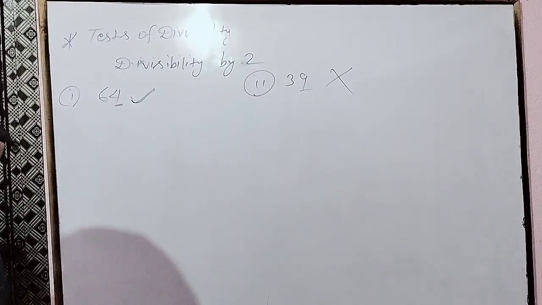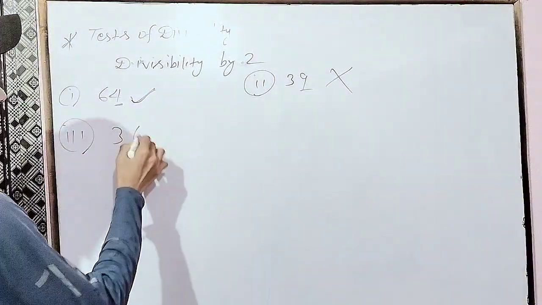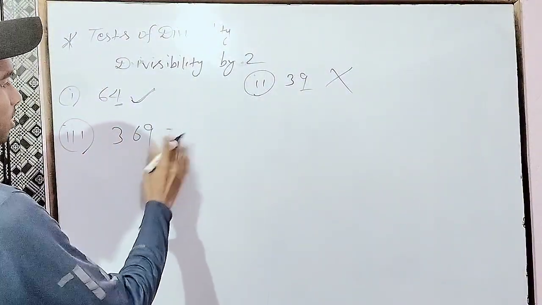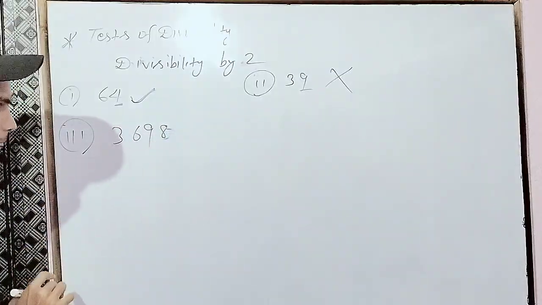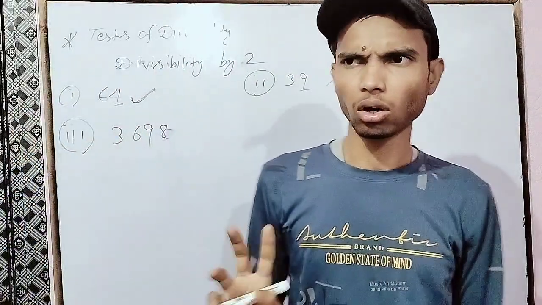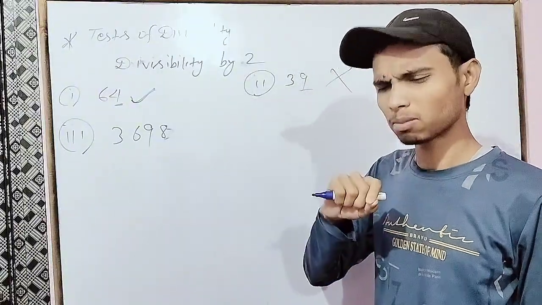Now, here, 3, 6, 9, 2, 8. Clear? We don't need to think whether this whole number will be divisible by 2.